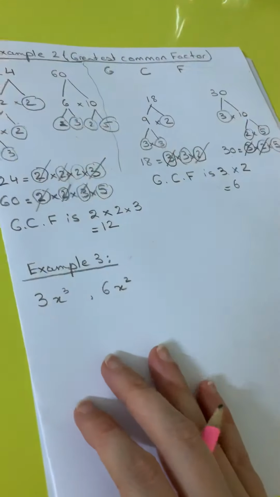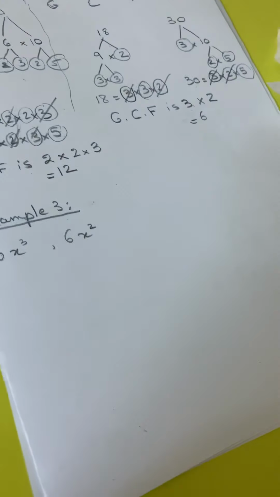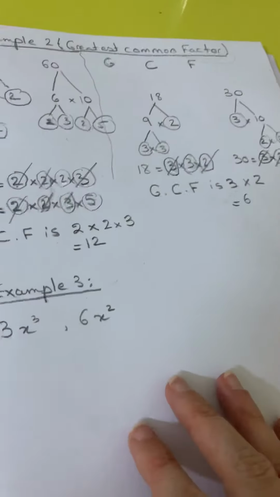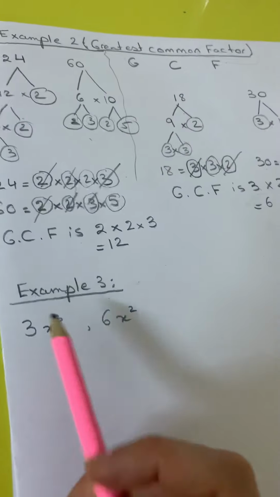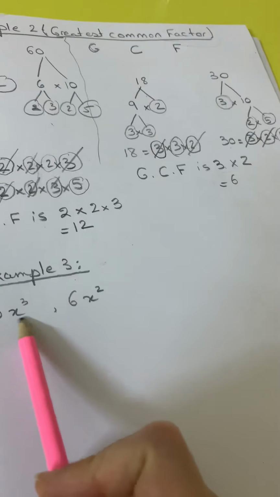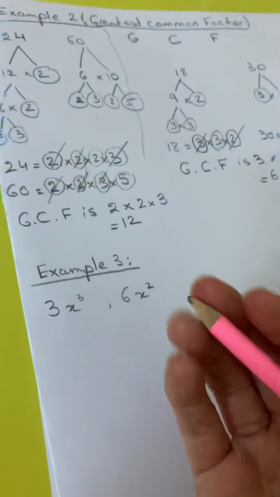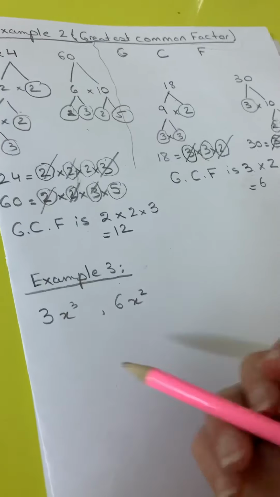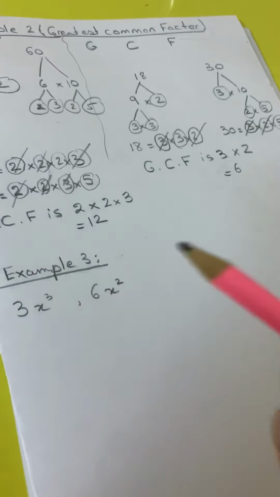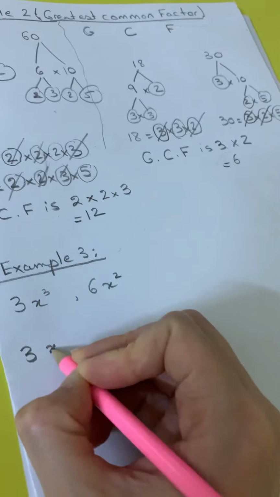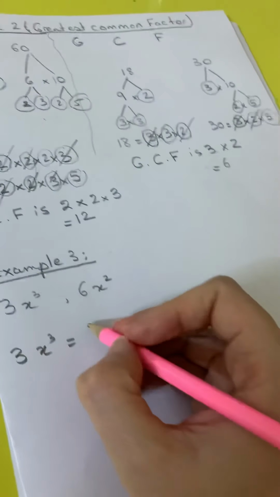For example 3, we're going to do exactly the same but between monomials. Don't forget that a monomial is the product of numbers and variables. It's the same concept. This is 3x^3. Now, definitely you cannot do prime factorization of this because we have variables, we have letters. So I will write 3x^3 like this.